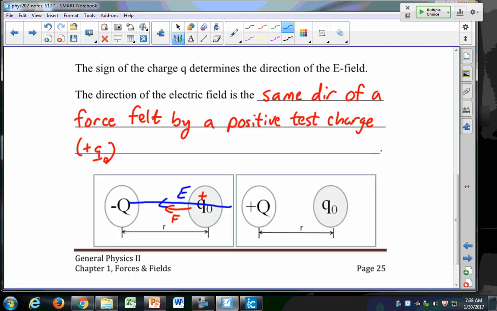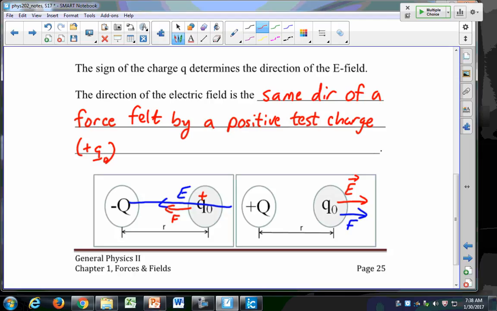I can draw it as a long line describing that if I move this positive test charge along, the electric field will always be in that direction, attractive. And similarly over here, if I have a positive test charge, it's going to feel a repulsive force. So the force here is in that direction. The electric field, sorry I switched colors on you, is in that direction. I use my positive test charge to figure out the direction of the electric field.